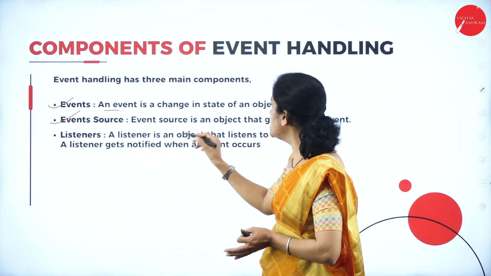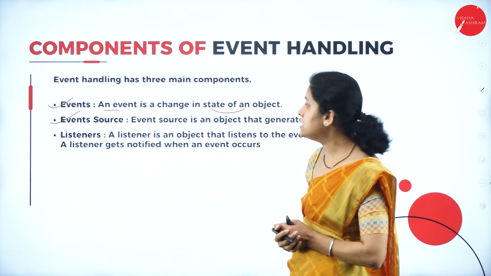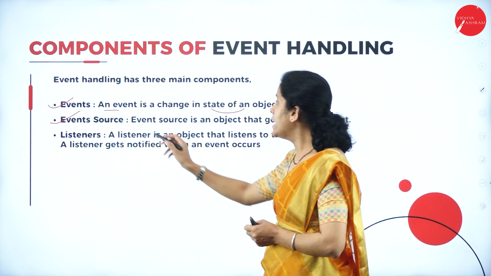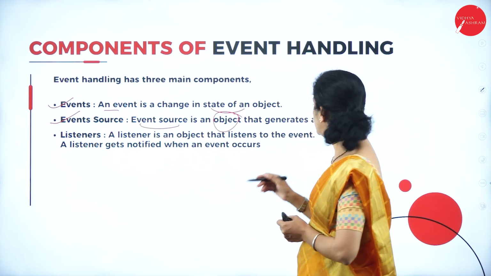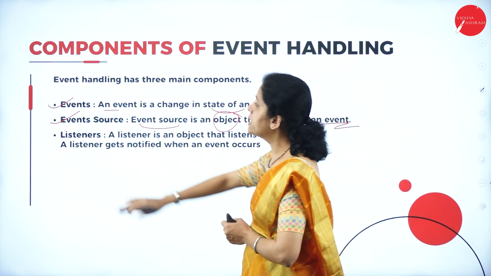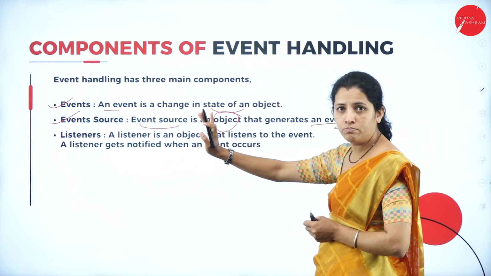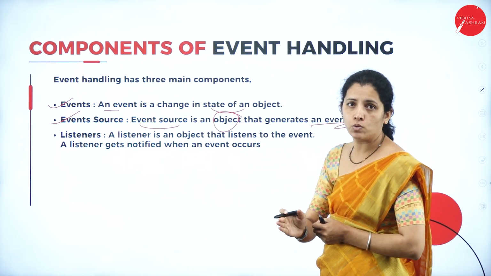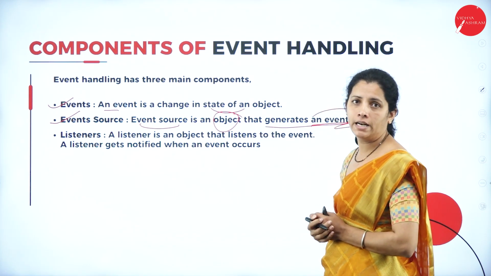It changes the state of an object. Then what is event source? Event source is an object that generates an event. Event source is also an object. Example, mouse, keyboard, that generates an event.